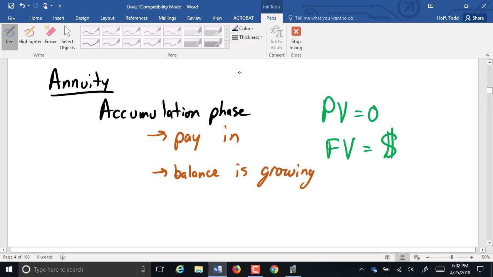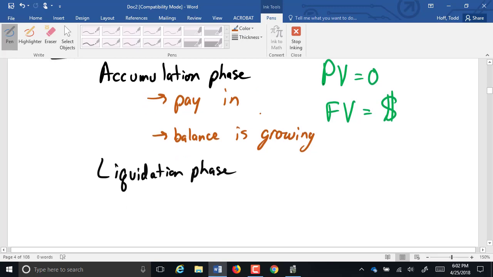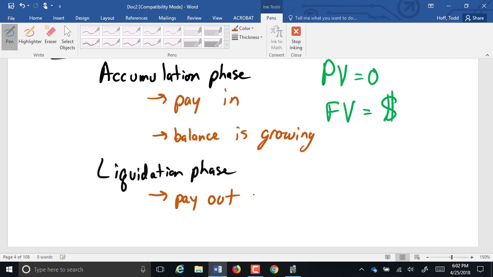Then there is something called the liquidation phase. In the liquidation phase, it's a payout. So if it's an annuity, you have money, this lump, you have a big chunk of money that you have in there, and you're drawing money out to use it on a regular basis.